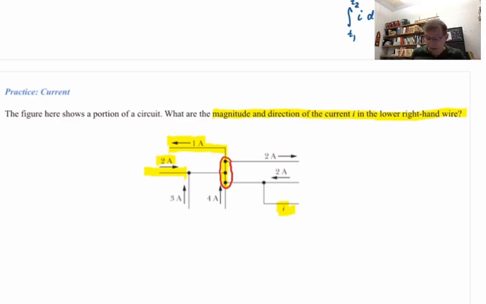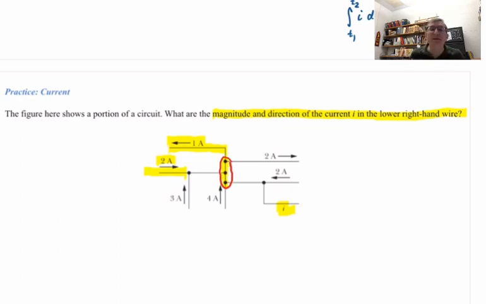All right, well, the physics idea we will use is conservation of electric charge. Charge cannot just disappear or appear out of nowhere. And current is just the rate at which charge is moving. So the bottom line is, whatever total amount of current I have coming into this central junction, I have to have the same total amount of current going out.